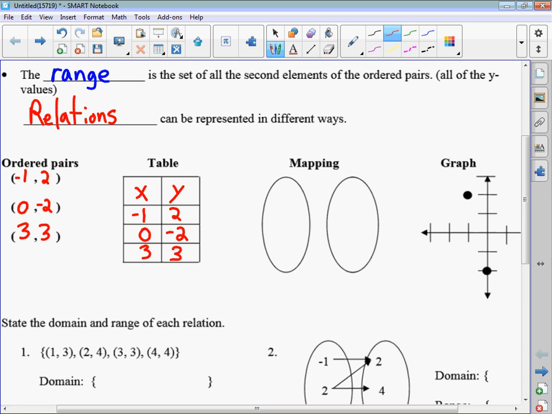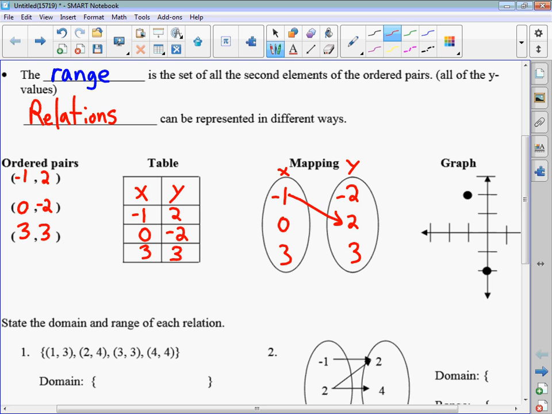We can also use what is called mapping. In mapping, when we put our x's here and our y's here, we're going to order them from least to greatest. So the x's are -1, 0, 3, and the y's would be -2, 2, 3. And then to finish off the mapping, we are going to go from the x to the matching y.